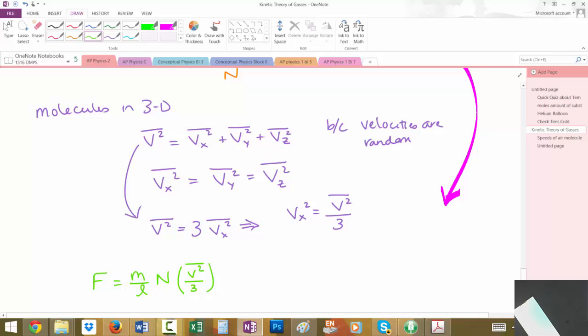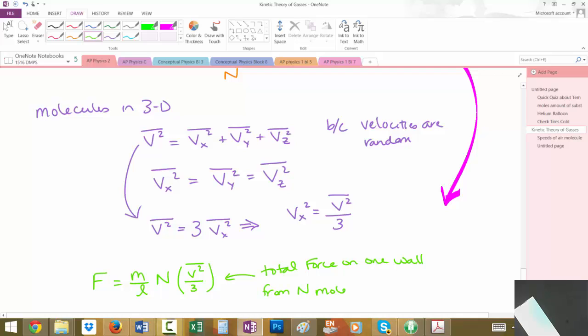Okay? So just to get this in our brains, this is the total force on one wall from n molecules.